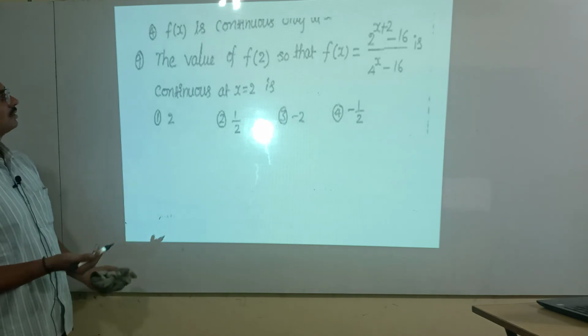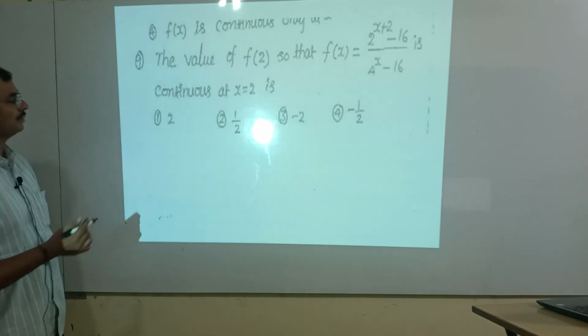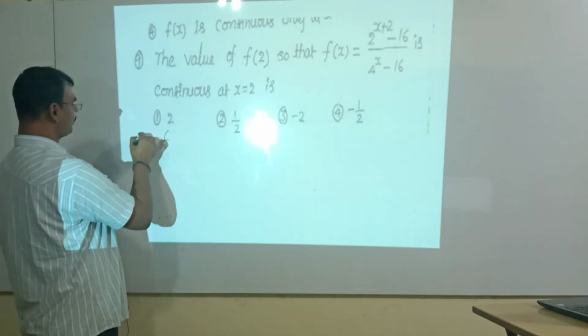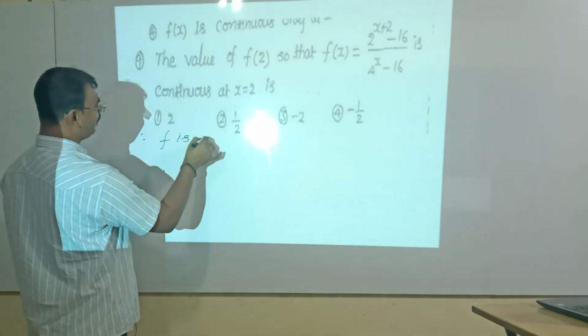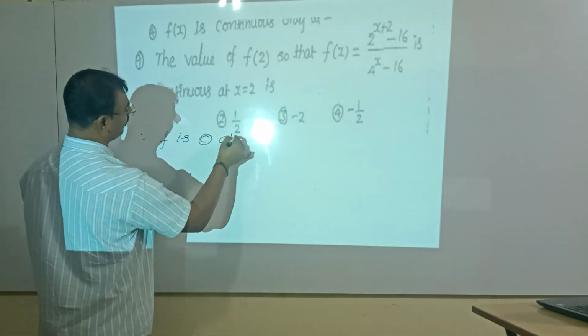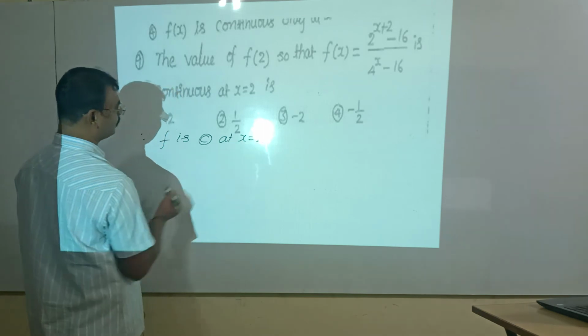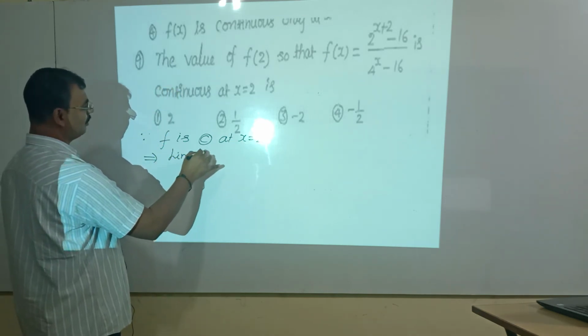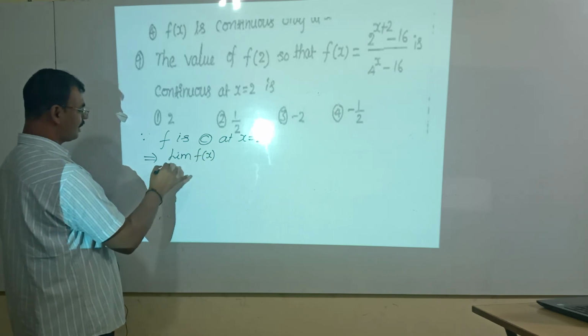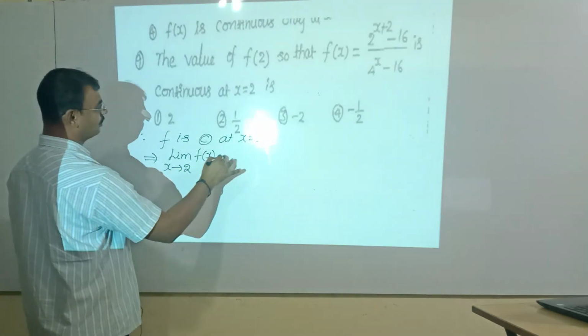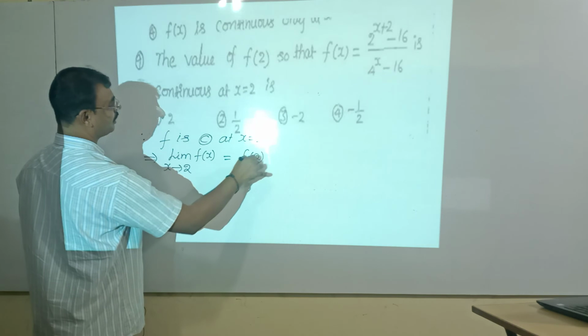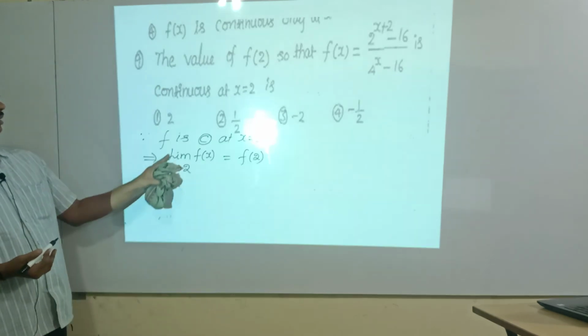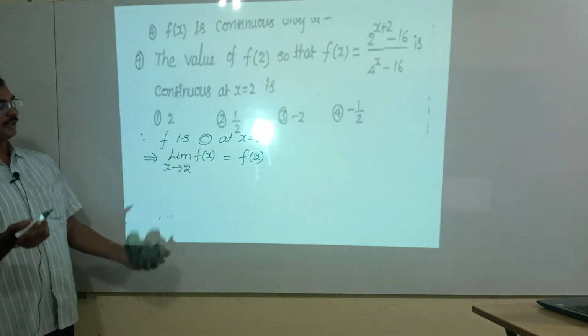Already it is continuous. What is the value of f of 2? Since f is continuous at x equal to 2, what is the meaning of this? That is, limit of f of x as x approaches 2 is equal to f of 2. We have to find the limit only.